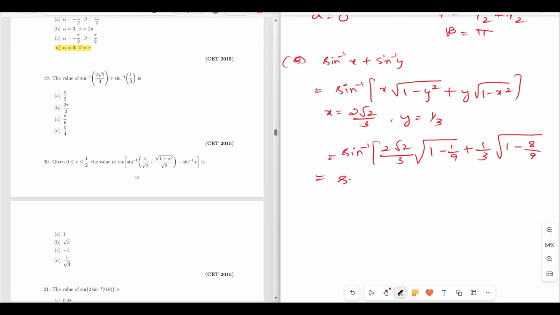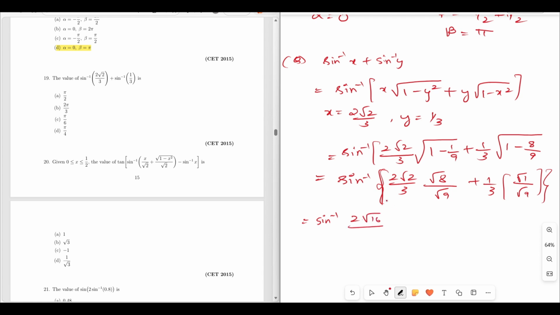So this is equal to sine inverse 2 root 2 by 3 root of, 1 minus 1 by 9 will be 9 minus 1, which is 8, 8 by 9. So root 8 by root 9 plus 1 by 3 into 9 minus 8 will be 1, root 1 by root 9 again. So now this is equal to sine inverse 2 root 2 into root 8, which is root 16, 3 into root 9.